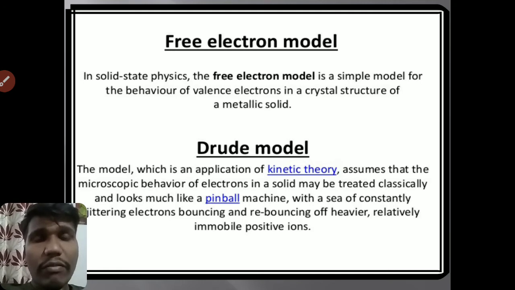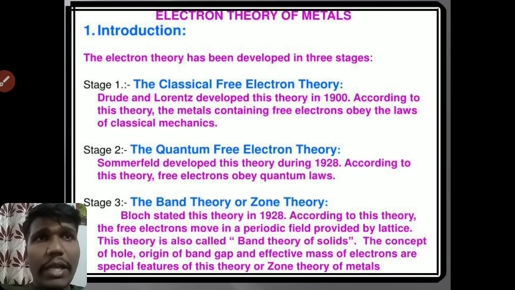So we have to define mainly the Drude model to use the free electron theory of a metal. The electron theory of metals is introduced in three stages. The first stage, which I already mentioned, is the Drude model and classical free electron theory, then quantum free electron theory, and band theory and zone theory. So we have to study the free electrons in these different topics.